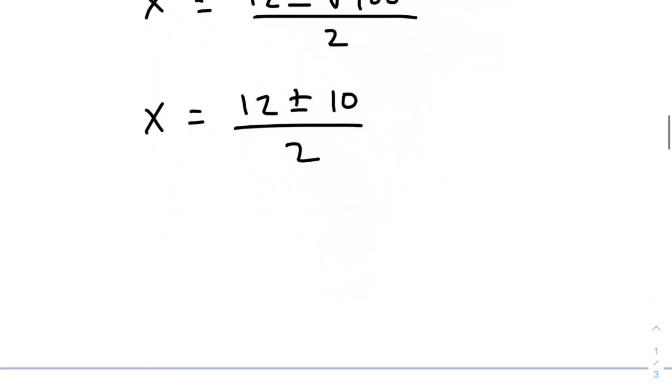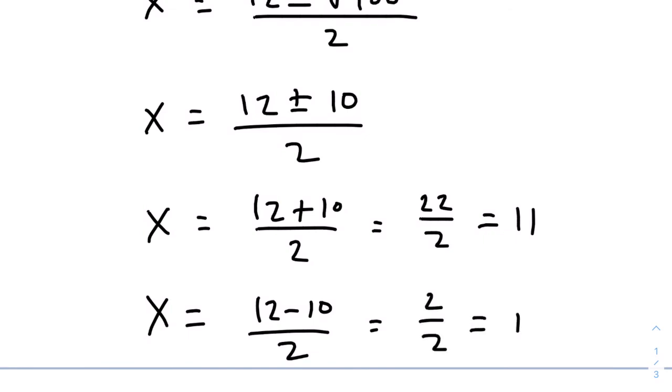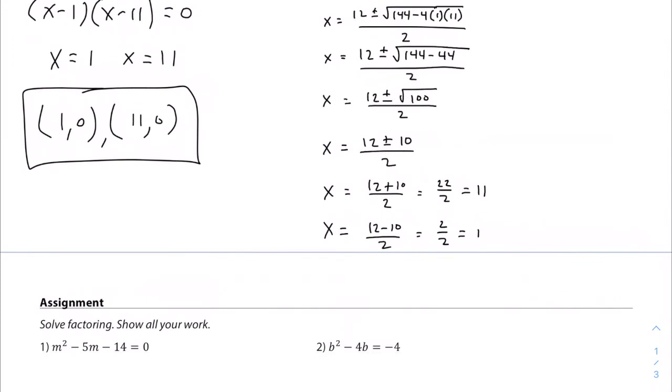And then we have 12 plus 10 over 2 and 12 minus 10 over 2. So this is 22 over 2, or 11. Oh, look at that. And this is 2 over 2, or 1. Same answers, right? So a lot more work, but the same solution.